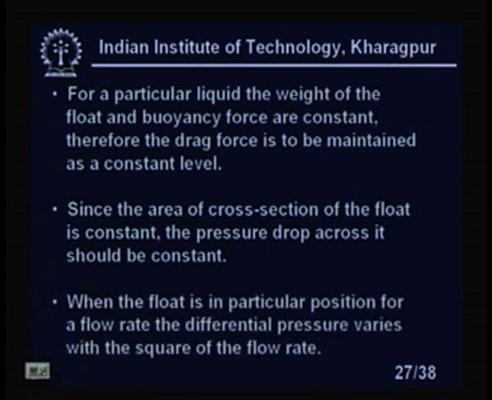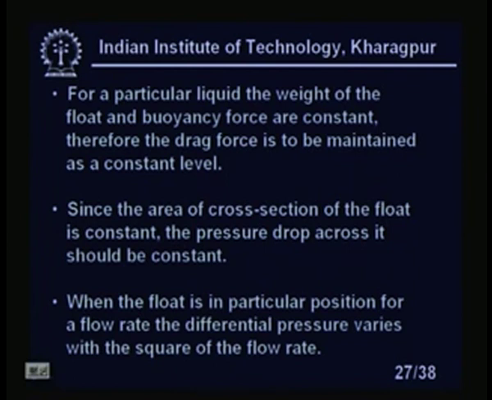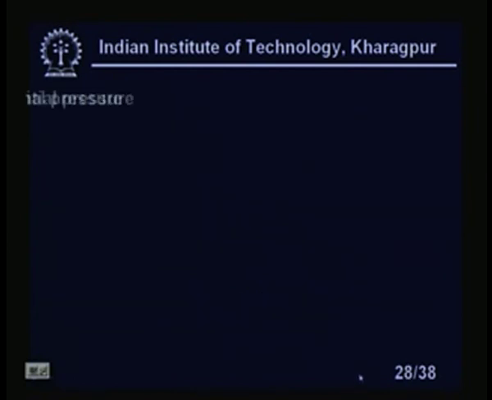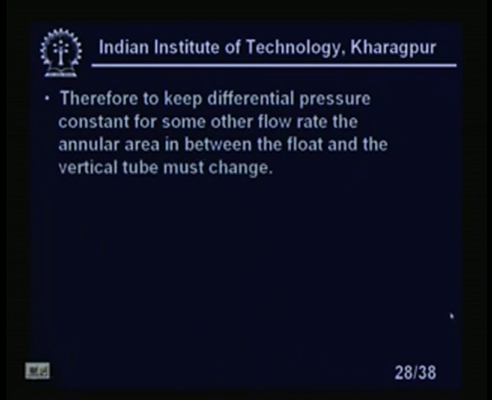Now, when the float is in a particular position for a flow rate, the differential pressure varies with the square of the flow rate. Clear? What is the differential pressure? It is the differential pressure across the float. So, to keep this differential pressure constant for some other flow rate, otherwise the drag force will not be constant.